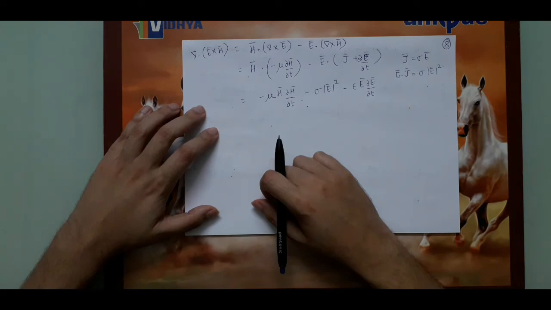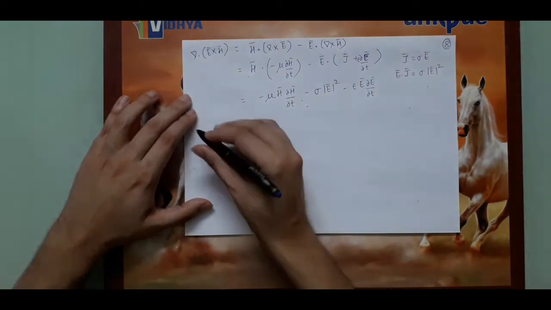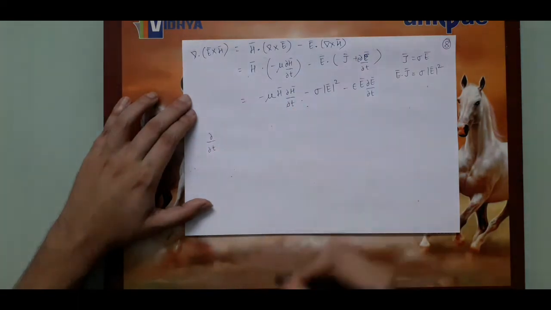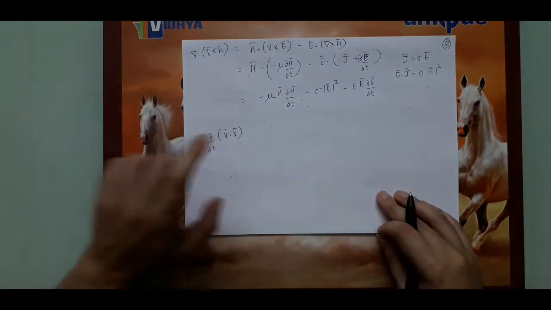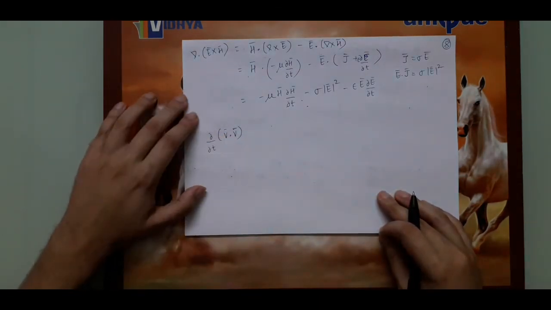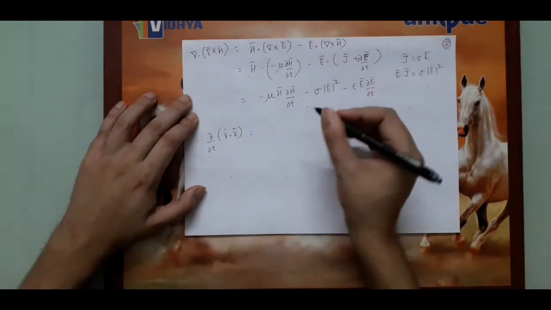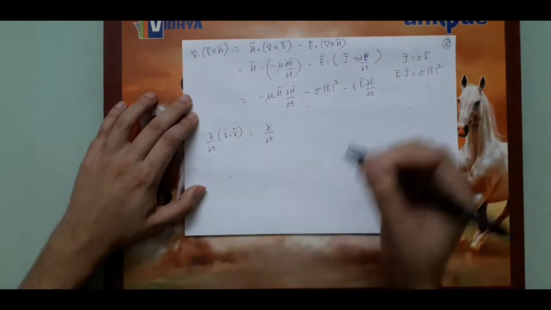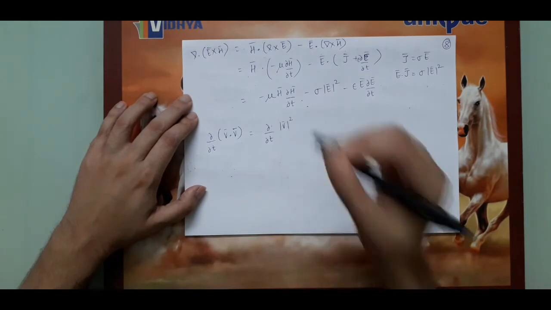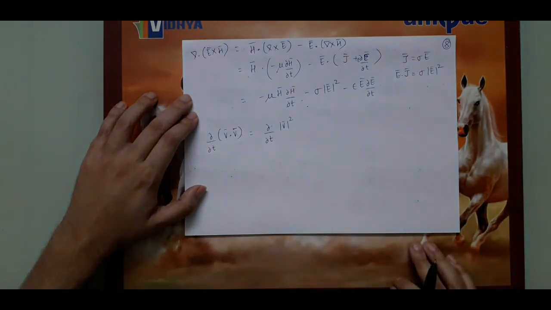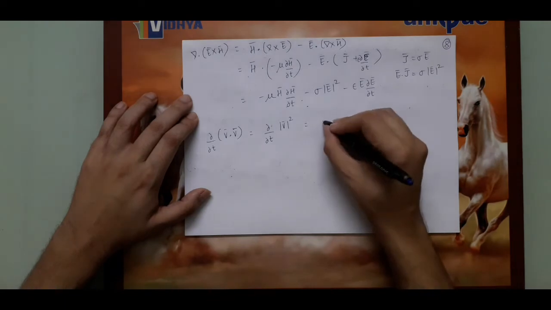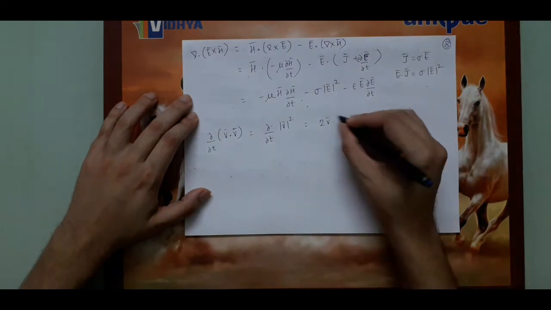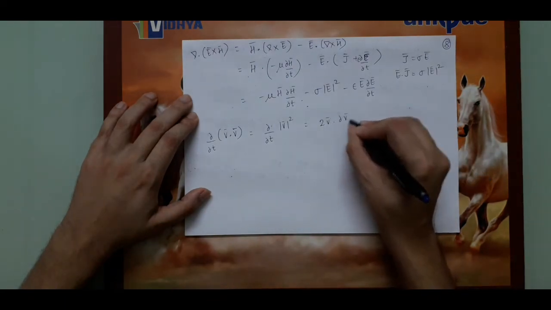So if I have the time derivative of, let us say, some vector v with its own dot product, then I can say this is nothing but the time derivative of the magnitude square, which is also essentially nothing but 2v times del v by del t.